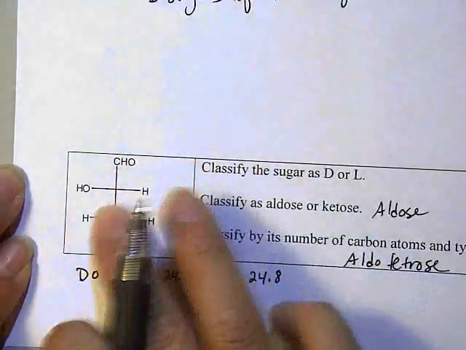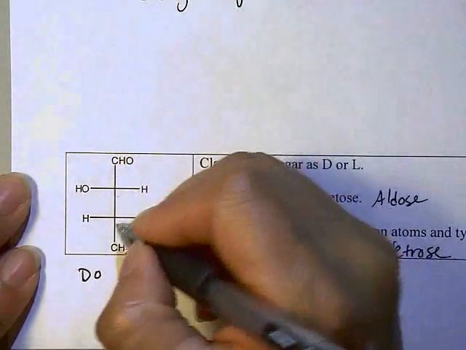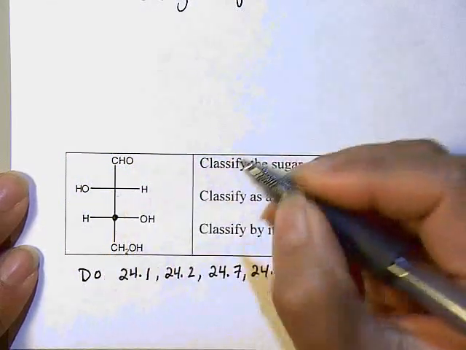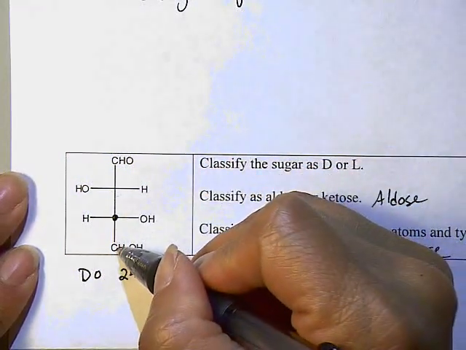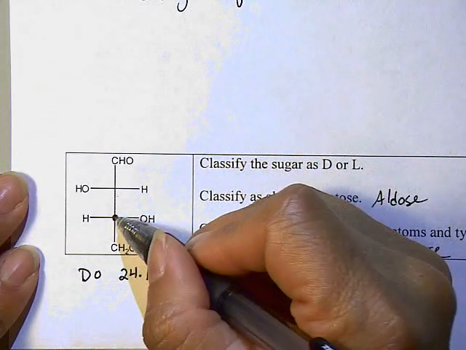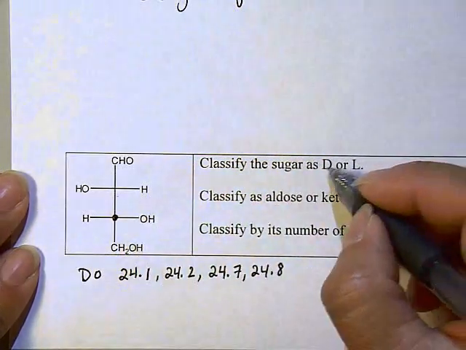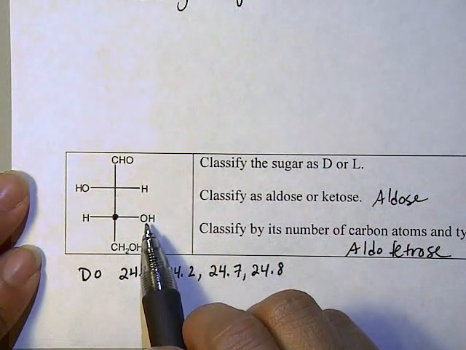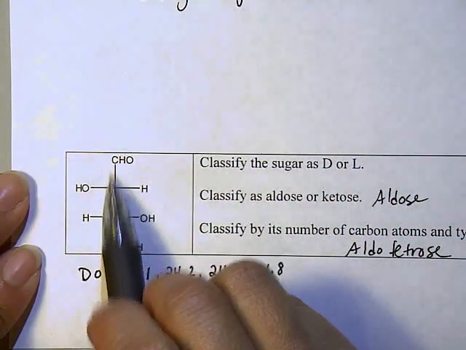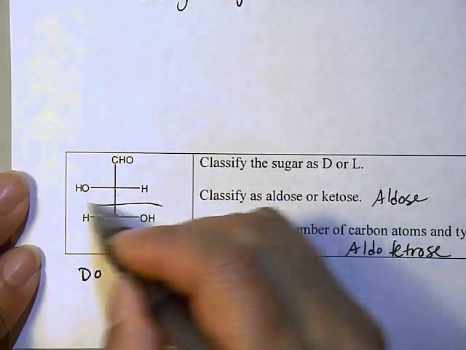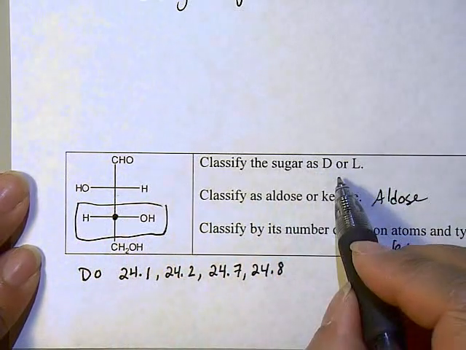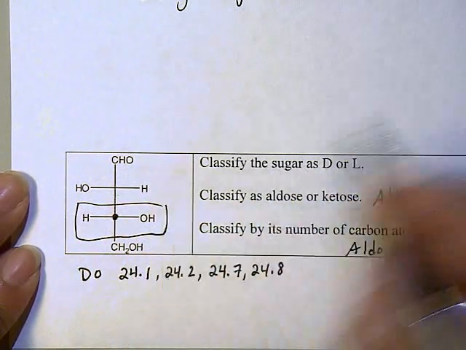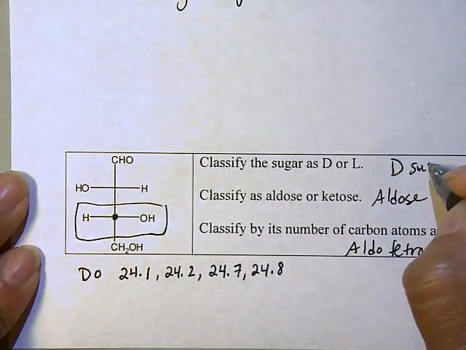But if you look at, for example, this sugar, what you're always looking at is the last chiral carbon where the CH2OH comes from, and that's where you determine whether it's D or L. All right, so this OH is on the right side as well, so you ignore the other chiral centers. So you're just looking at this when you answer this question, and because OH is on the right, this is a D sugar.